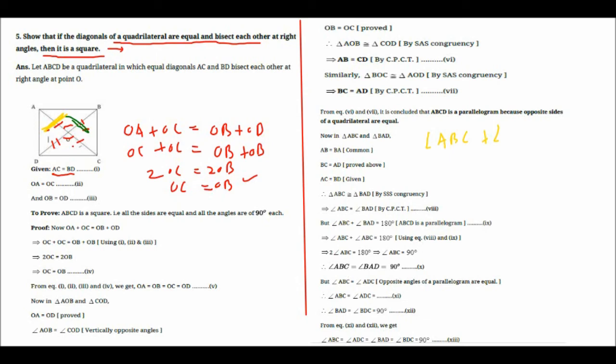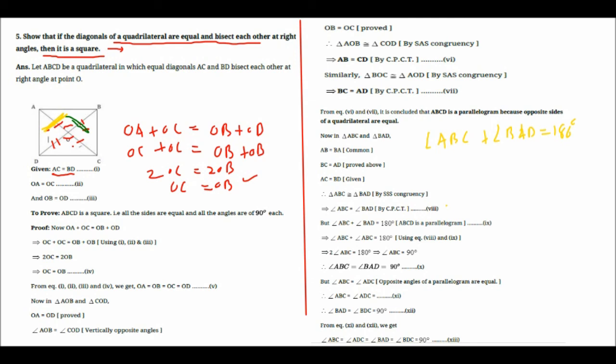Concentrate on angle ABC, because it is a parallelogram. Since it is a parallelogram, angle ABC plus angle BAD equals 180 degrees. The adjacent angles of a parallelogram are supplementary.